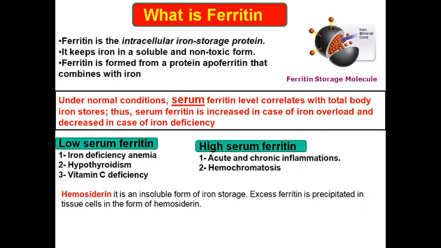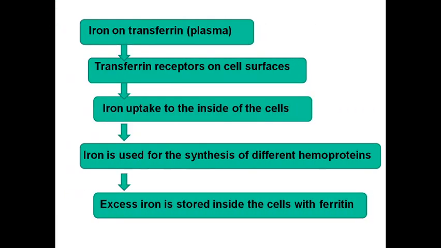When ferritin levels inside the tissue cells get higher and higher, excess iron will be deposited, bound to the proteins inside the cell, and becomes insoluble and precipitated in the form of hemosiderin.